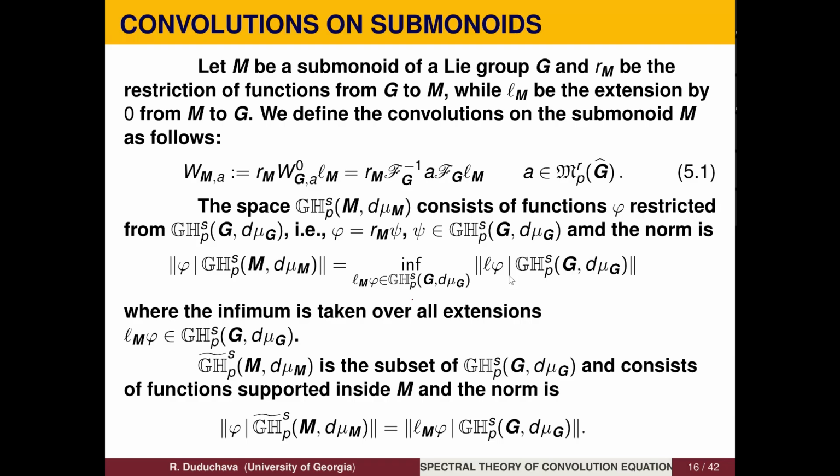It just continues it by zero. So now let us define the convolution operator as a convolution where we take the restricted functions which are extended by zero, then apply the convolution, then apply the restriction. Now this operator acts on the space on the submonoid.